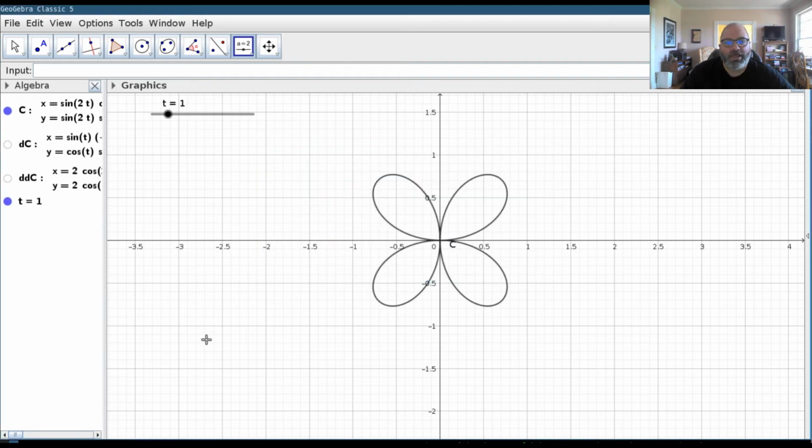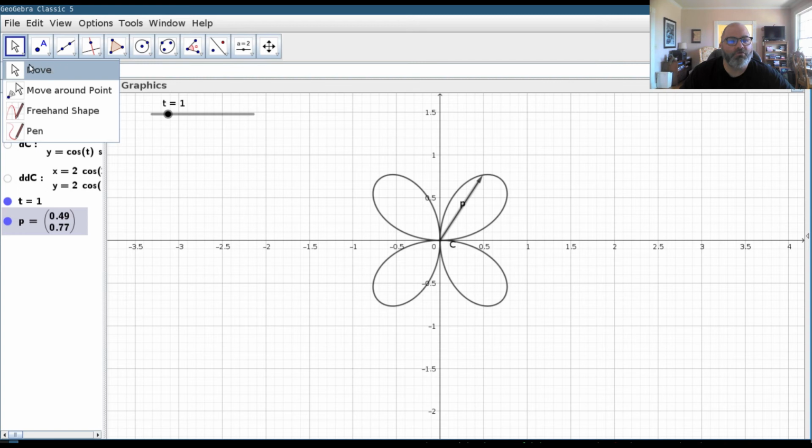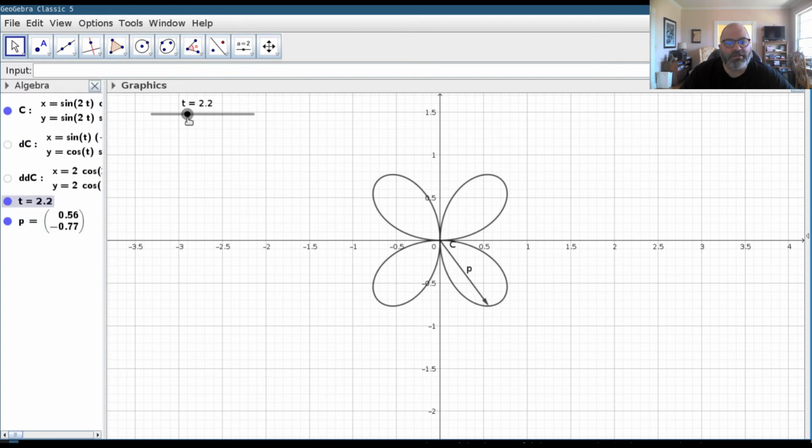Now, our point P is going to be our value C of t, the vector pointing to our point on the curve. As we move our slider around, we can see that we're tracing around and going to different points on our curve between 0 and 2 pi.